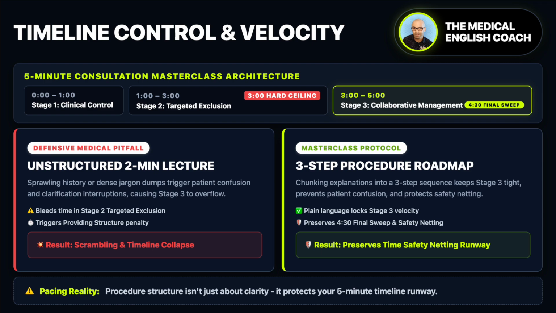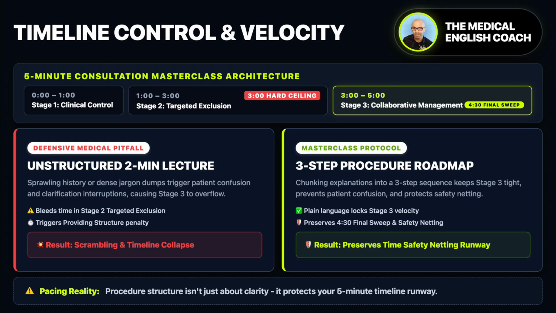If you fall into the defensive medical pitfall and give an unstructured 2-minute lecture, sprawling history or dense jargon dumps trigger patient confusion and clarification interruptions. This bleeds time in stage 2, targeted exclusion, triggers a providing structure penalty, and leads directly to scrambling and timeline collapse.